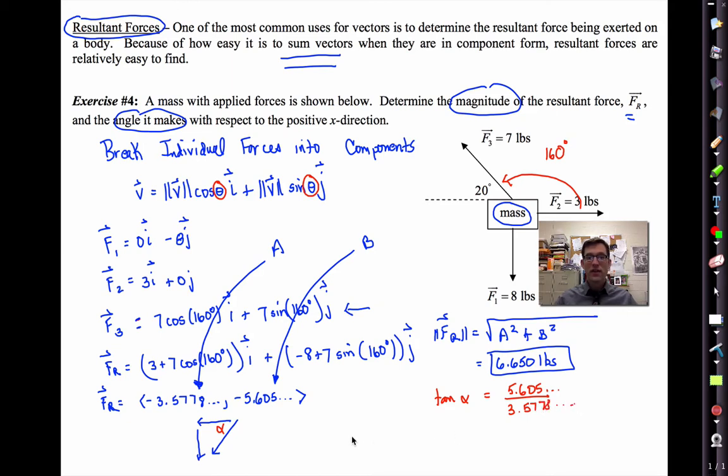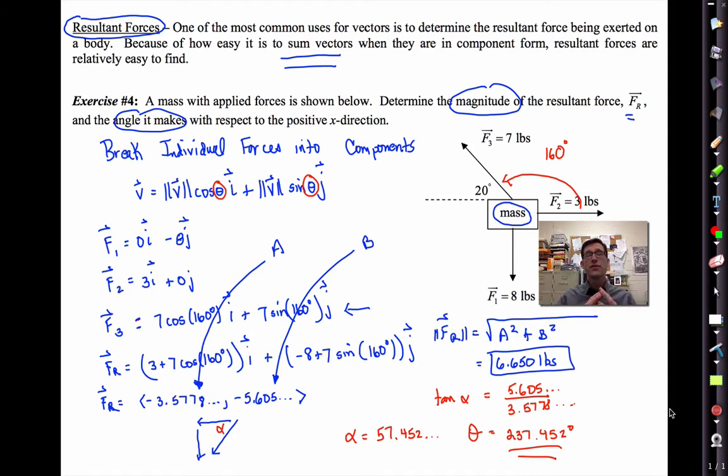I can figure out that alpha then is 57.452, etc. And then the actual angle I care about will be alpha plus 180, which will be 237.452. There we go. This is great.